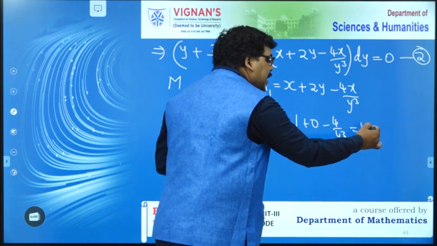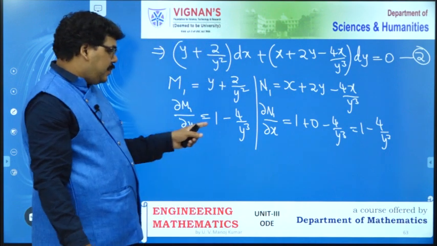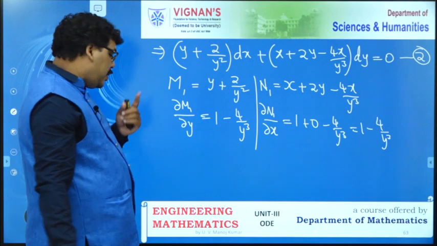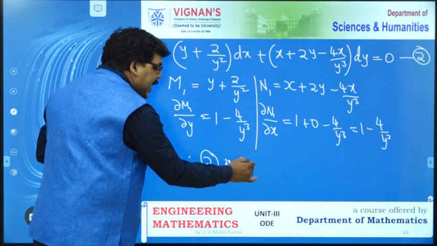So what is the final answer? 1 minus 4 by y cube. Are they both the same? 1 minus 4 by y cube, 1 minus 4 by y cube. Therefore, 2 is exact.